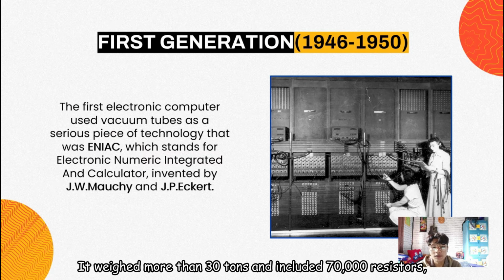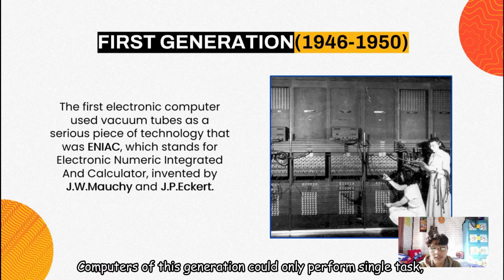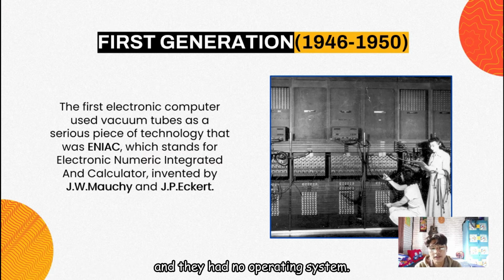ENIAC weighed more than 30 tons and included 70,000 resistors, 10,000 capacitors, as well as approximately 20,000 vacuum tubes. Computers of this generation could only perform single tasks, and they had no operating system.